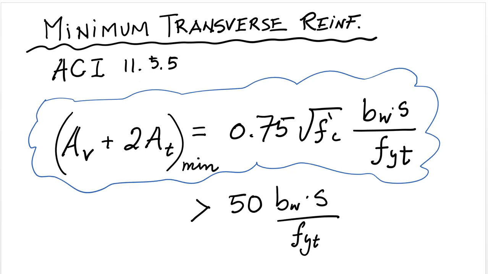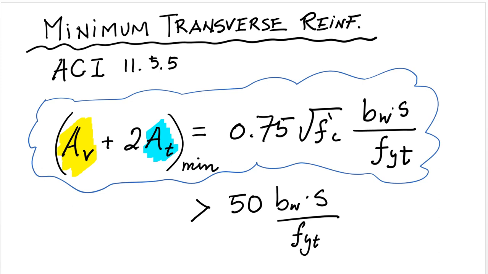So it basically says this is the shear reinforcement that we've already presented how that's computed, and this here is the torsion reinforcement per leg.